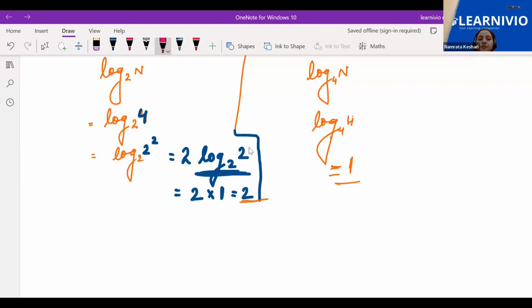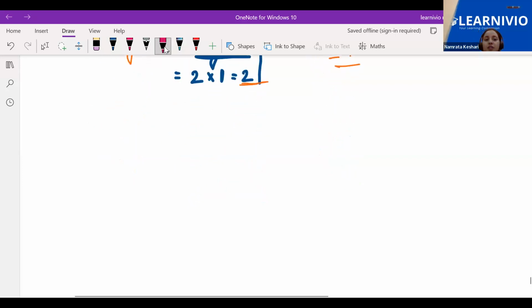Yeah, a few more examples to build the concept. So again, I am writing log n base a is equal to x. Now here there is a restriction, since base also matters and the input also matters.